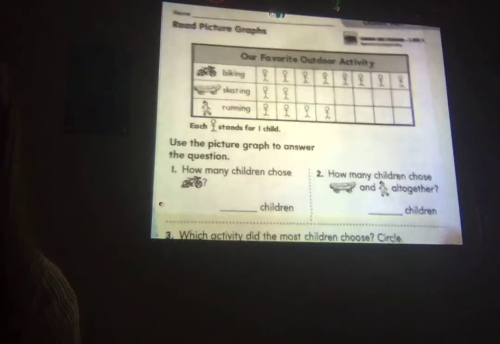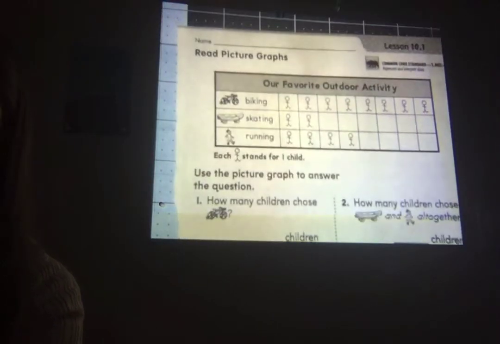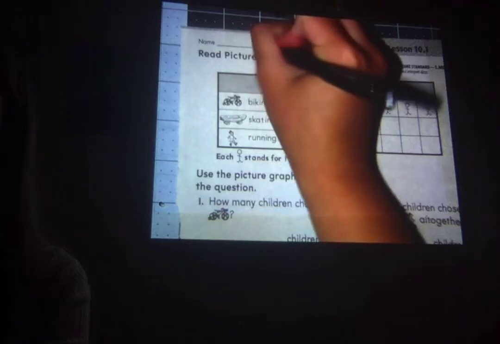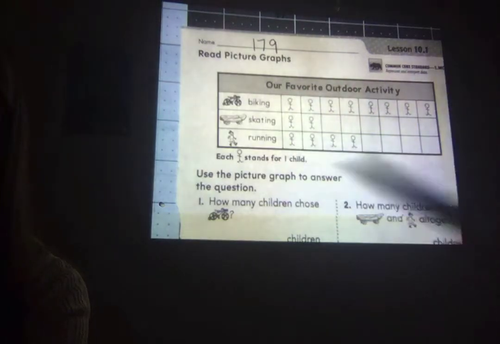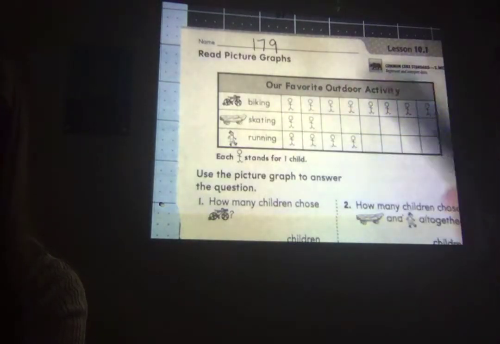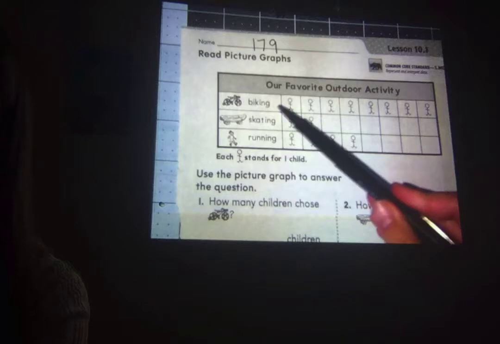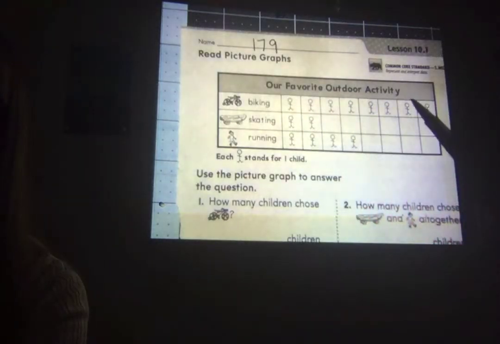So once again, you've written this down in your IJ, and you've gotten out page 179. Okay, so this guy up here is a picture graph. You'll see the title at the top says our favorite outdoor activity.